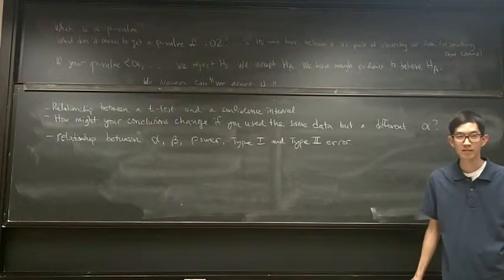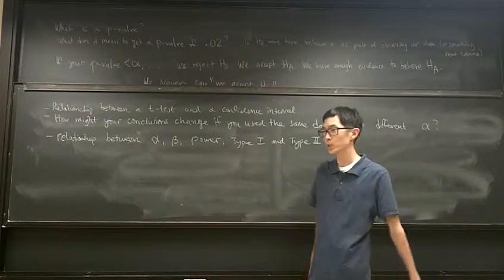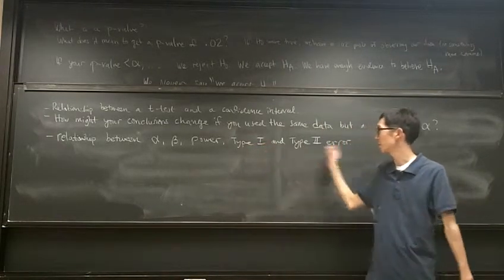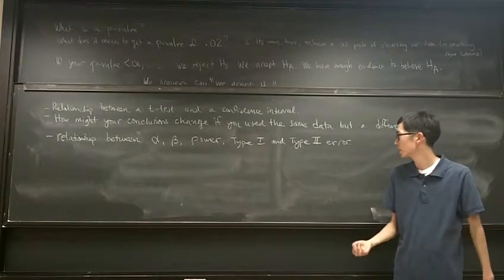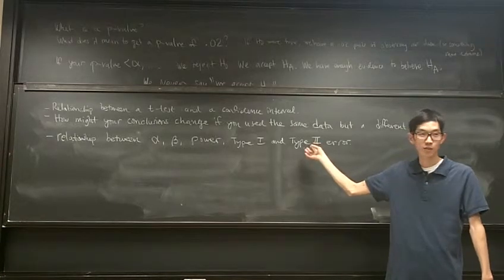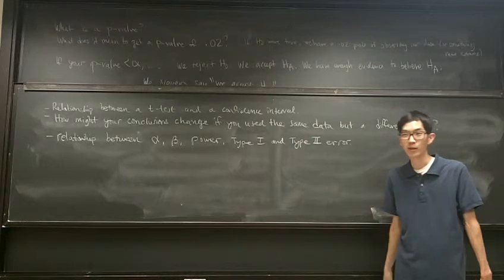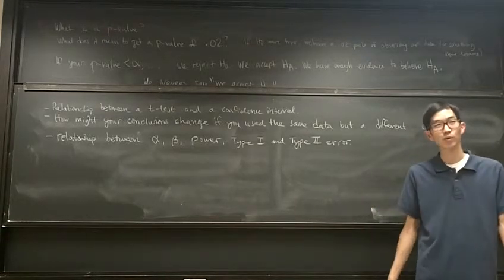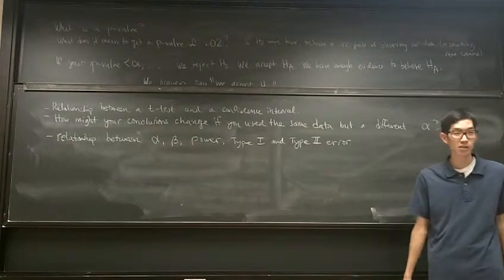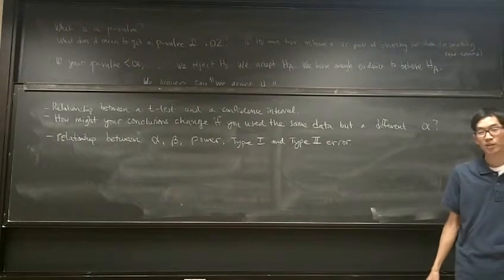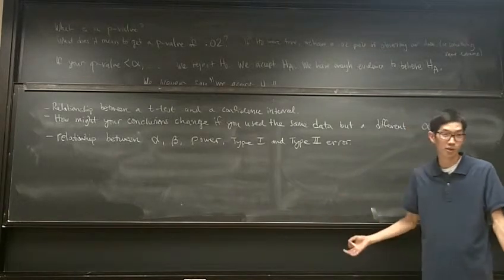Can it increase the chance to make a type 1 error? So increasing alpha increases the chance of a type 1 error. How does it affect the others? It lowers our beta, which lowers our chance of type 2 error and increases our power. So if we want higher power, we can increase our alpha, but we're also increasing risk of type 1 error. And if we want to lower alpha, we're probably also lowering power.